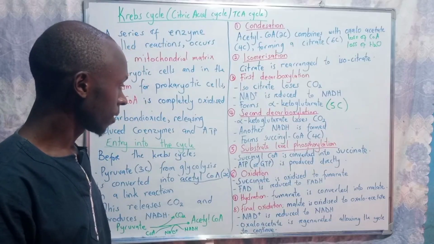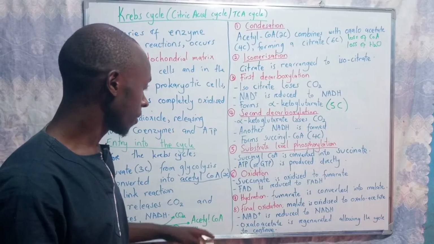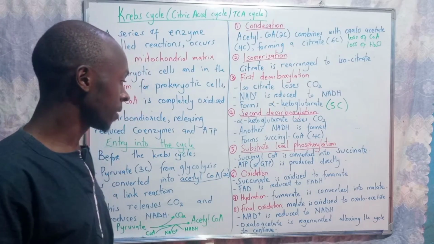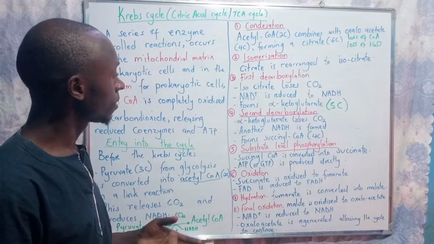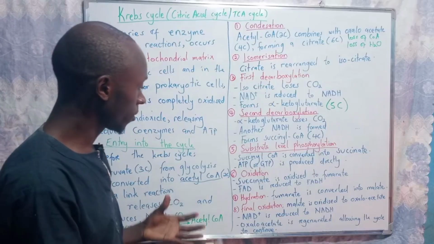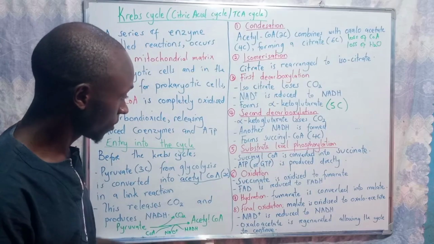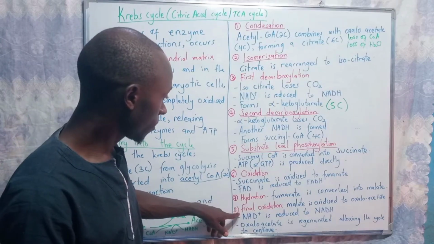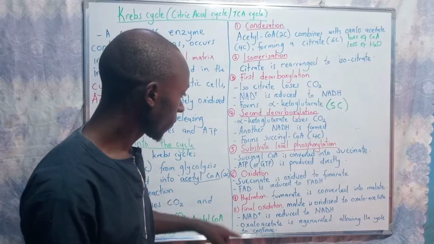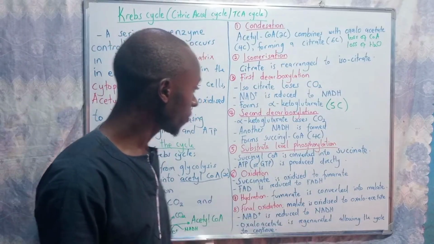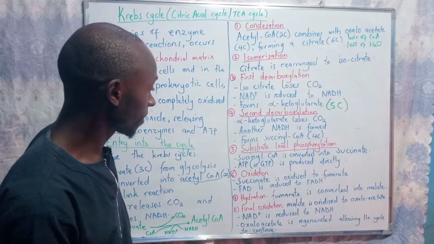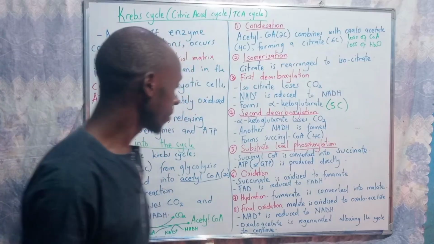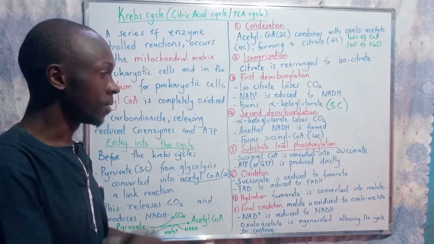oxidation. The final oxidation. Of course, we know the oxidizing agents. We have FAD with the plus, and then NAD with the plus. Those are the common oxidizing agents we are going to be using. So in the final stage, that is the oxidation stage, we have the malate being oxidized to form oxaloacetic acid, or oxaloacetate, which is again going to allow the cycle to continue because the cycle is repetitive.